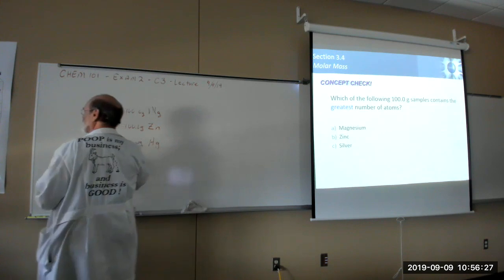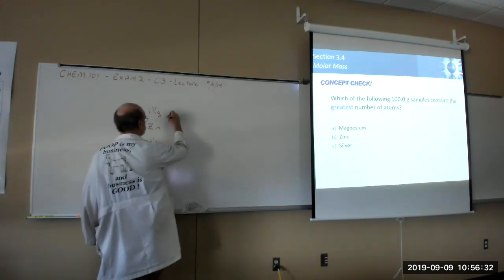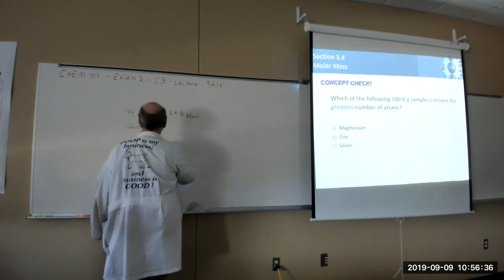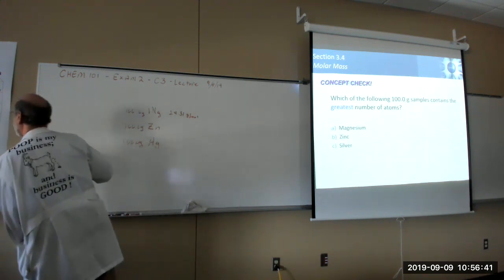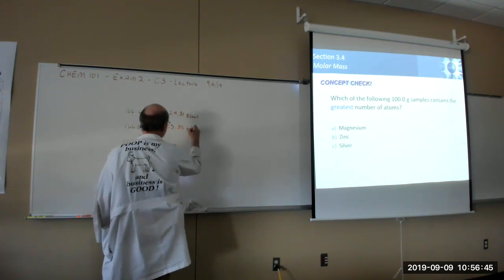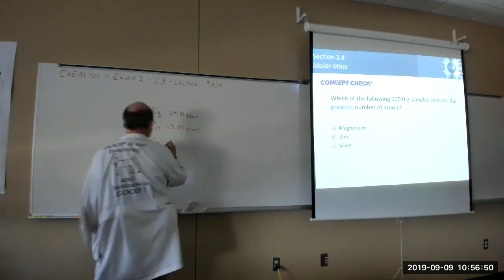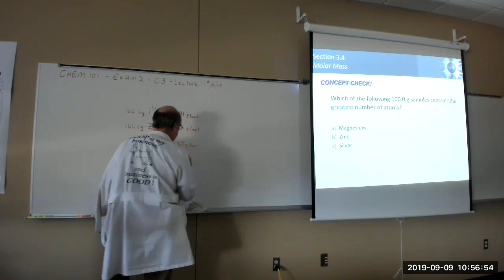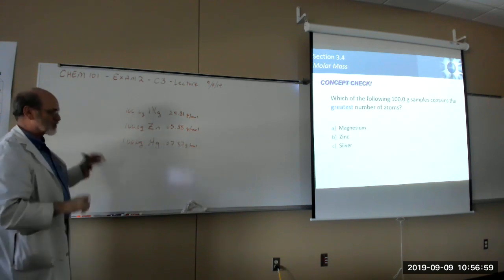So magnesium is 24.31 grams per mole. Zinc is 65.38. And silver is 107.87. All right. Which one's going to have the most atoms?